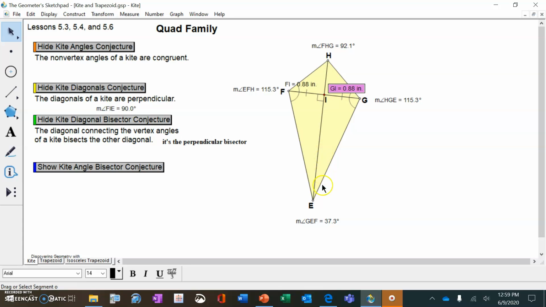So the diagonal connecting the vertex angles of a kite bisects the other diagonal. And not only that, I'm adding in there, this is my own little thing here, it's also perpendicular. So if it bisects it and it's perpendicular, it's actually a perpendicular bisector. So conjecture number 36 says the diagonal connecting the vertex angles of a kite is the perpendicular bisector of the other diagonal.